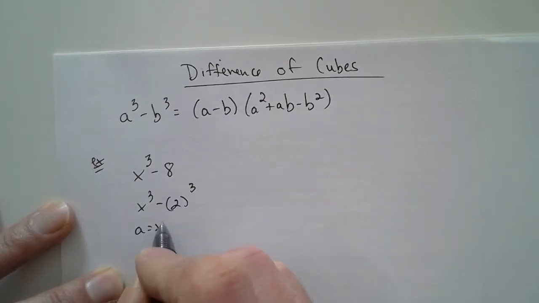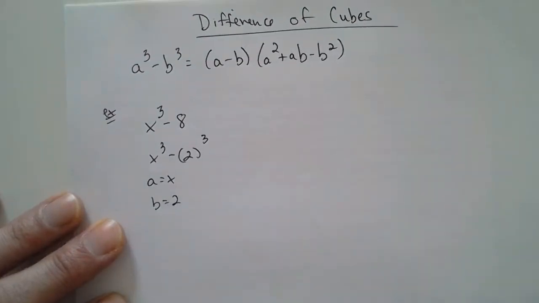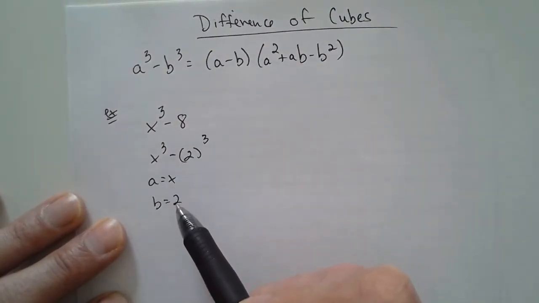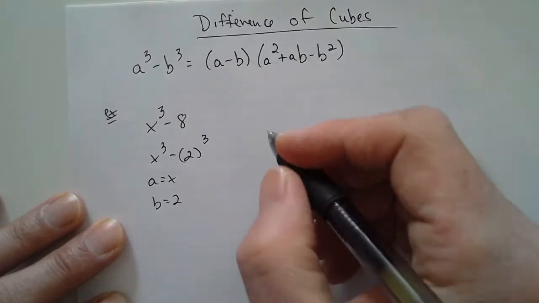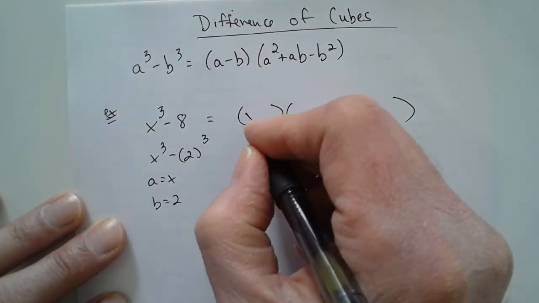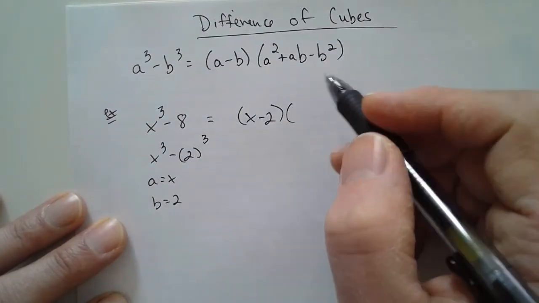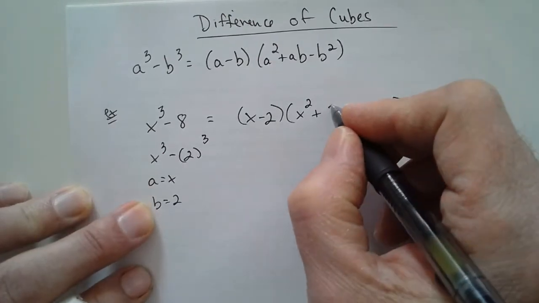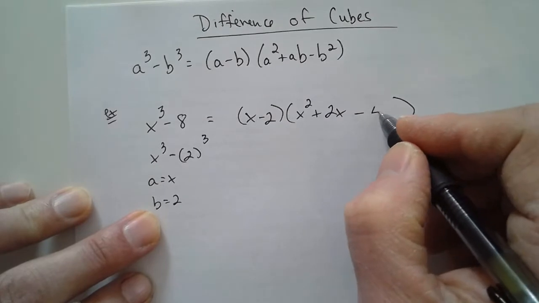So a is x, that's what's being cubed here, and b would be 2. So then you just plug in x and 2 into the formula for a and b. So it'd be a, which is x, minus b, which is 2, a squared plus a times b, so that's 2x, plus b squared, so plus 2 squared, so plus 4.